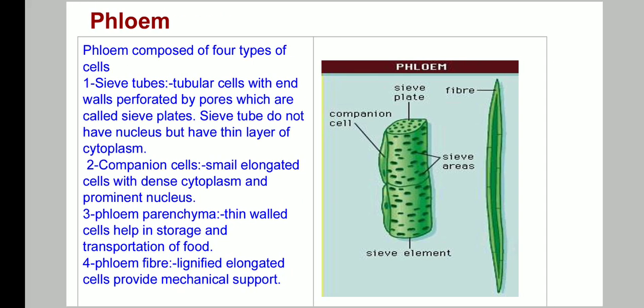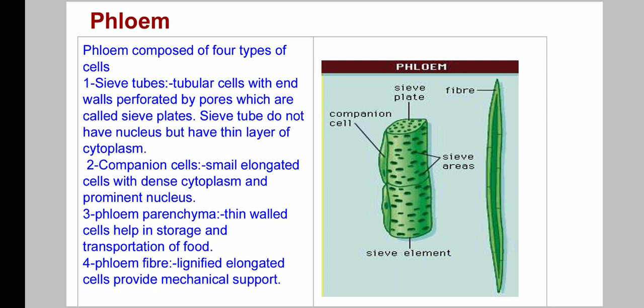Next is phloem. Phloem is the next type of complex permanent tissue. Phloem helps in transportation of food, and xylem helps in transportation of water and minerals.